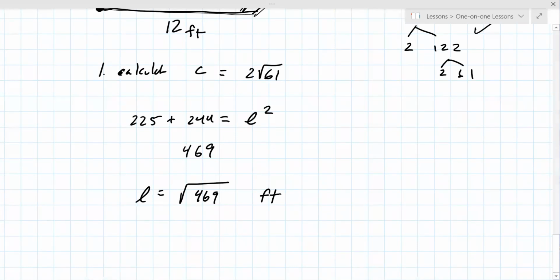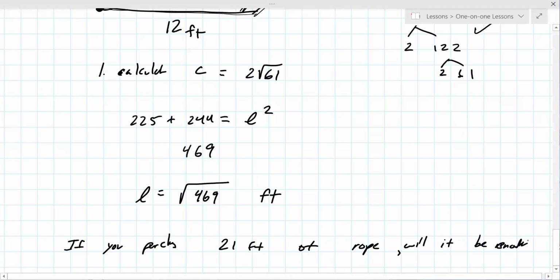Sometimes they ask the question this way: if you purchase 21 feet of string or bungee cord or whatever rope, will it be enough? You're supposed to realize that 20 squared is 400. What is 21 squared?